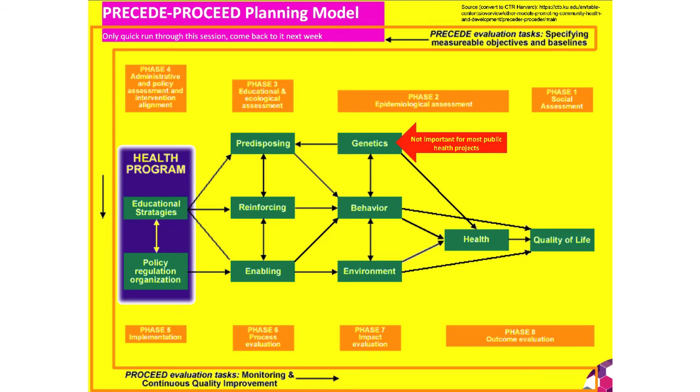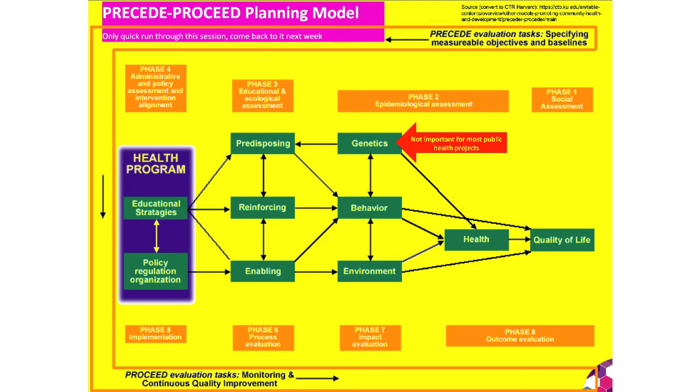In the PRECEDE phase, the first 4 phases, there are 4 assessments. There is a social assessment that involves looking at the quality of life, and talking with communities about what is important to them, and then that feeds into an epidemiological assessment where we look at current health status, current health behaviours, and the current environment that people live and work in.